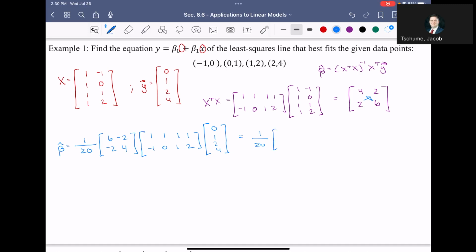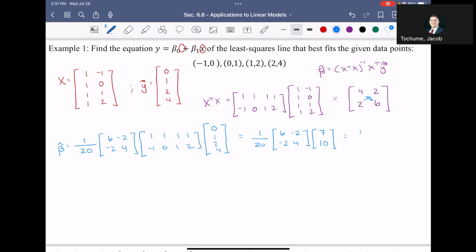Let's just leave the 6, -2, -2, 4 for now. I'm going to multiply the 2 by 4 matrix times the 4 by 1 to generate a 2 by 1. So the row of all ones times the single column should give you 3 plus 4 is 7. And then my second row times the column should be, that's 0, 0, 2, and 8 is 10.